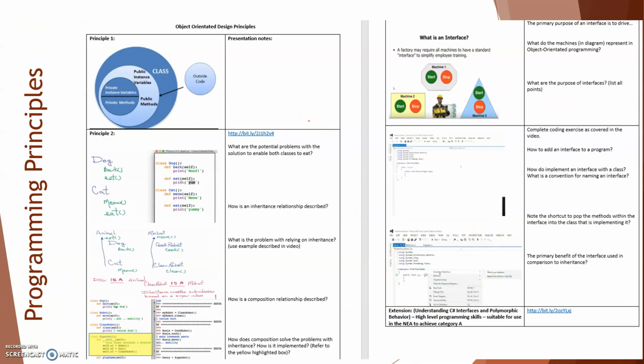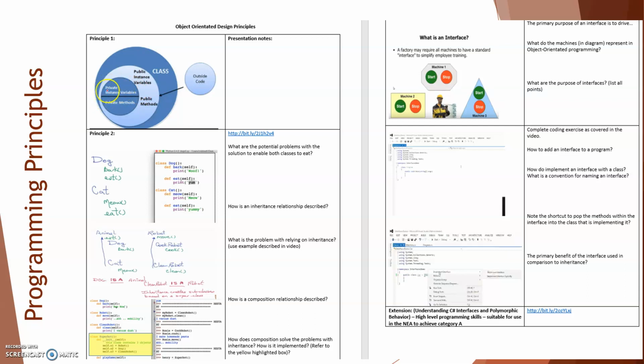Okay, and then the final thing just to be aware of is this lesson on OOP programming principles. Now there's three. The first is the easiest one to understand and comprehend. It's the idea of encapsulation, and you've got familiar that when you do these class definitions, you set your attributes to private.